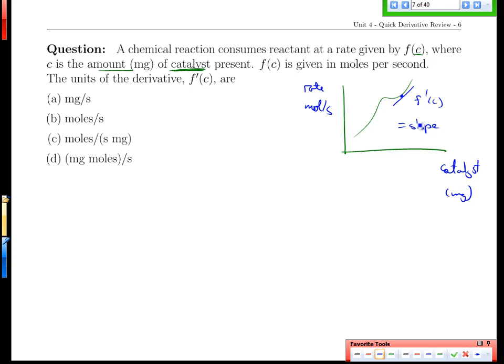And as soon as we say a slope, the units of that slope are going to be the units of moles per second divided by milligrams. For each milligram of catalyst, what effect on moles per second will we have? So moles per second per milligram change in the catalyst present. And that gives us moles per second milligrams. It doesn't make as much sense in this form as it does in this form, but we could write it out this way if it made sense in some other context.